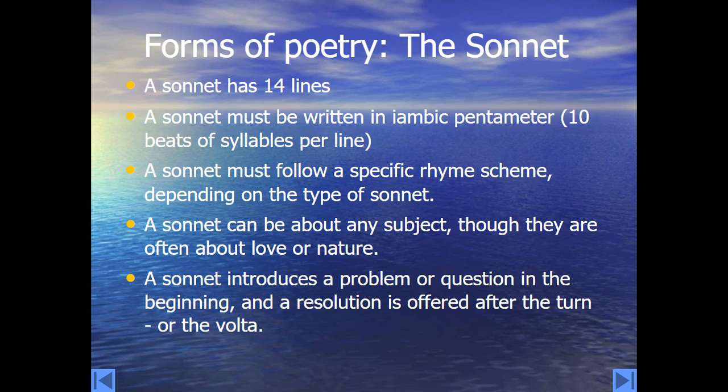A sonnet will introduce a problem or a question or a scenario in the beginning. And then in the second half of the poem, after what's called the turn or the volta, a resolution is offered. The resolution can come in the form of answering the question that was asked, or connecting what was talked about in the beginning to something else and making meaning out of that.